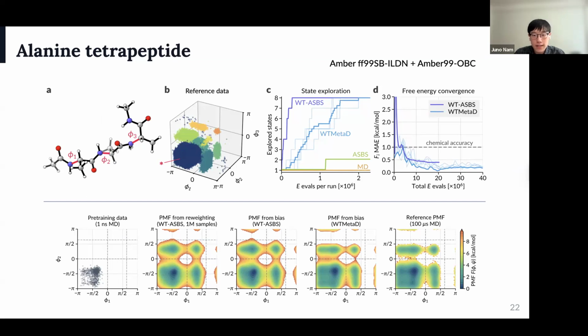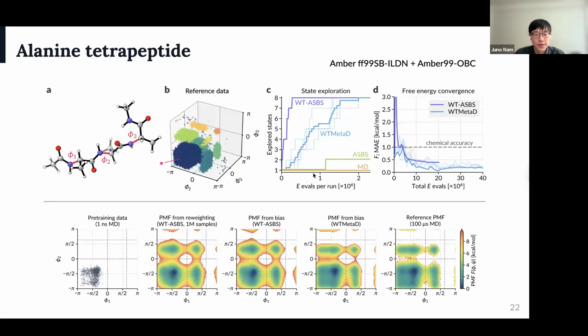And in this case, if we measure the number of states that are explored up to a certain number of energy evaluations, then unbiased methods like just running plain MD or training ASPS, the diffusion sampler, starting from this mode, is usually very slow at exploring states.